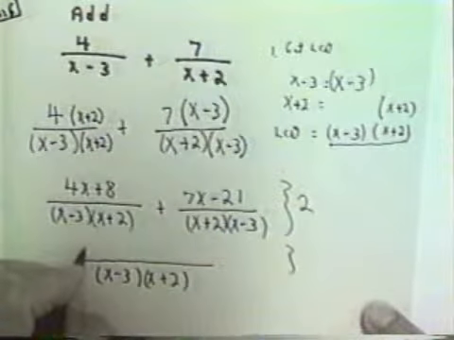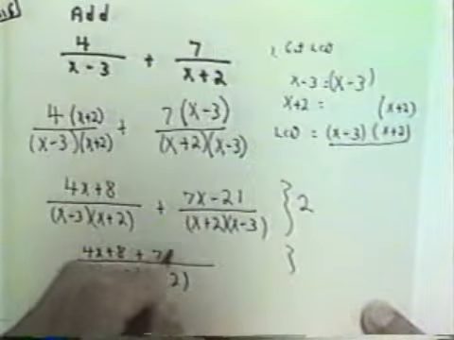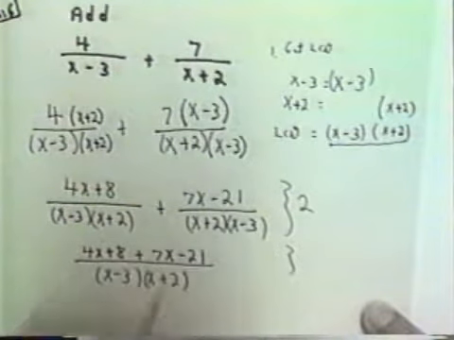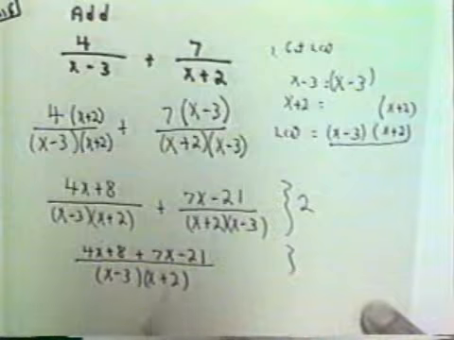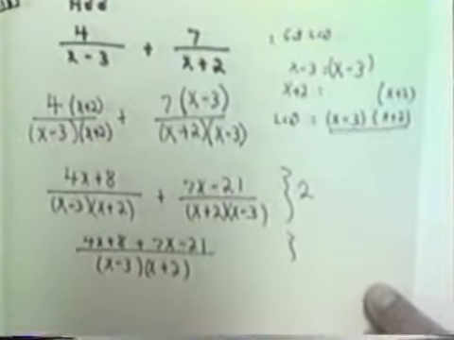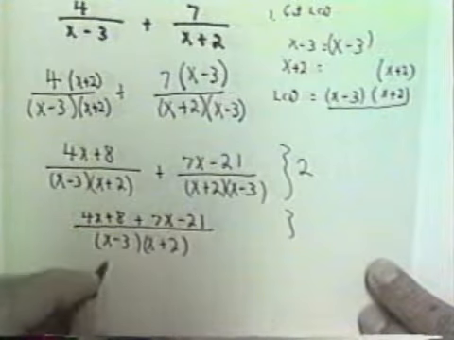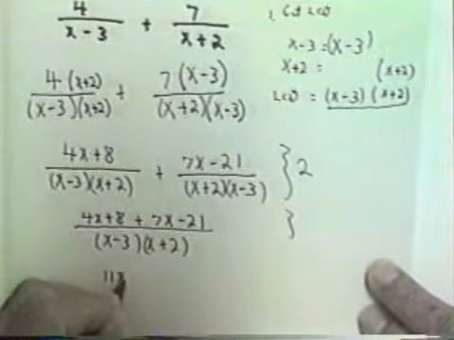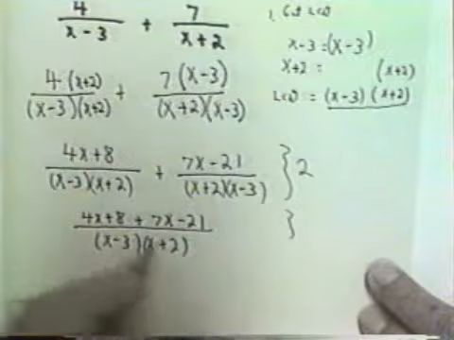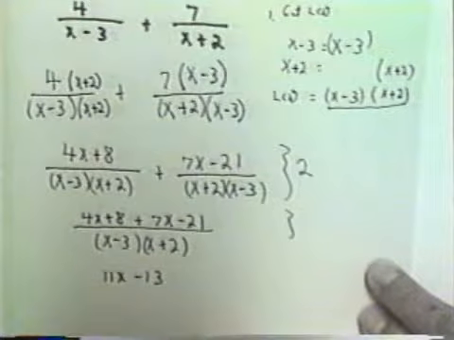I'm just going to indicate that: 4x plus 8 plus 7x minus 21. Normally you'll do this step in your head, but I wanted to show you that I'm simply adding the numerators. Now I'm going to simplify. 4x plus 7x is 11x, and 8 subtract 21 is negative 13.